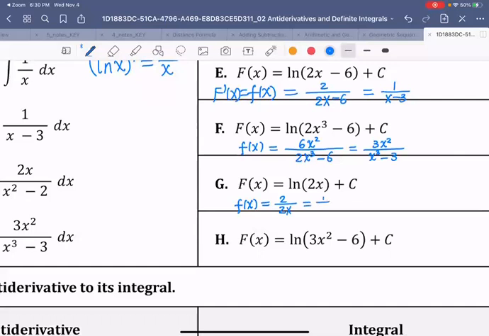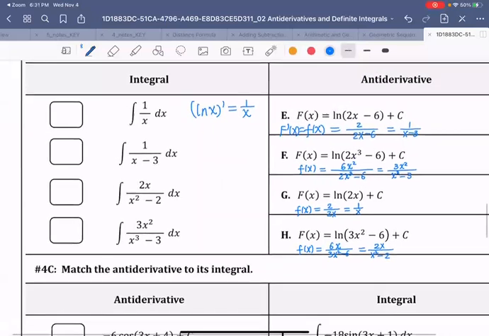Which is 1 over x. Last one. 6x over 3x squared minus 6. Okay. Simplify. Right. Yes. Now we can easily match.